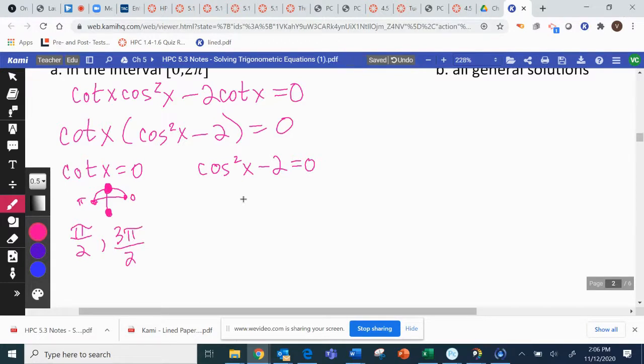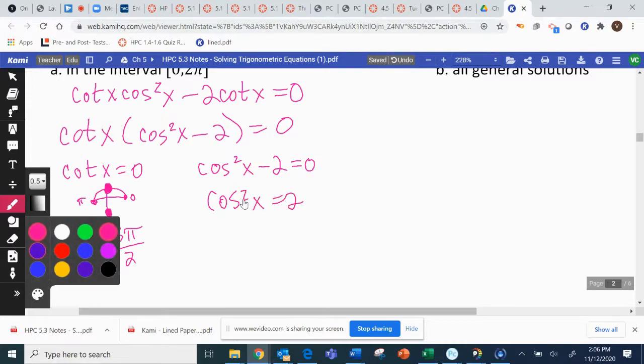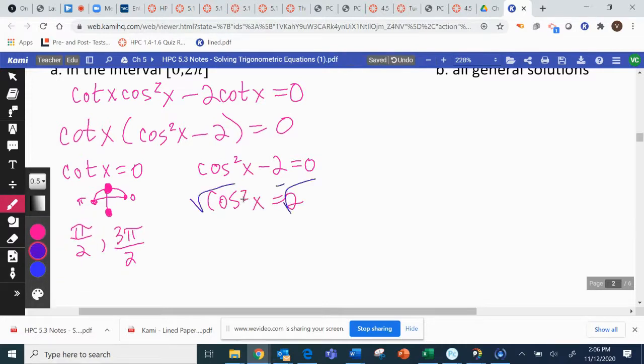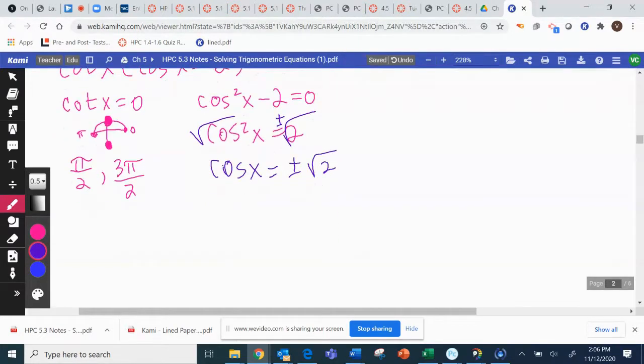Okay, and then the second part, where is, oh, I didn't solve it yet. Cosine squared x equals 2. So I need to square root both sides with a plus minus. So now I have cosine x equals plus minus square root 2. So where is the cosine plus or minus square root 2?